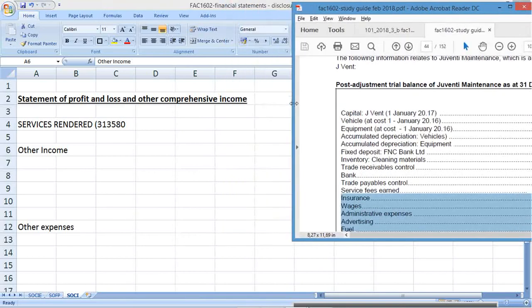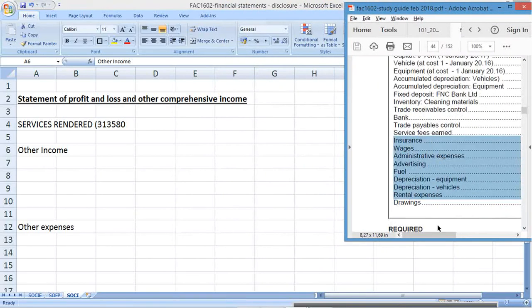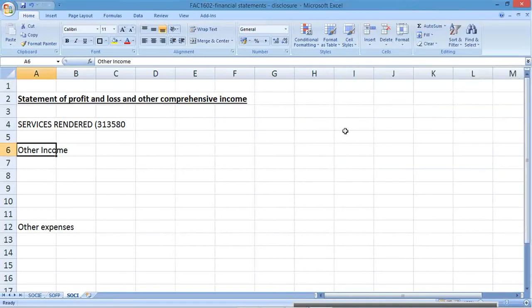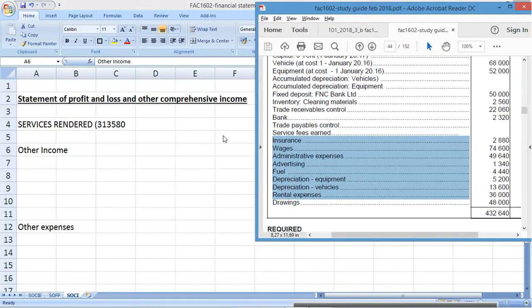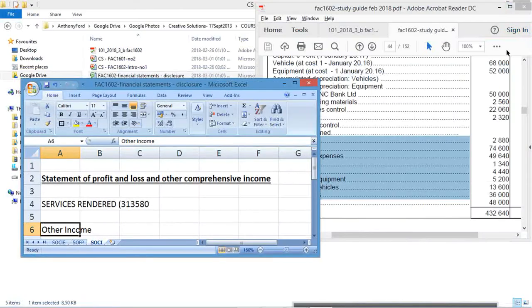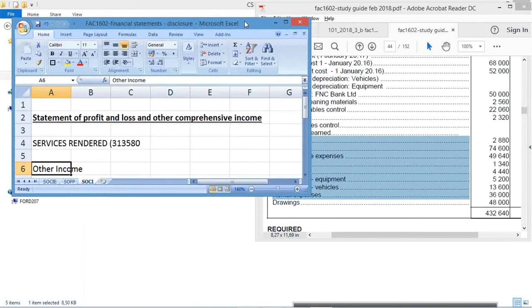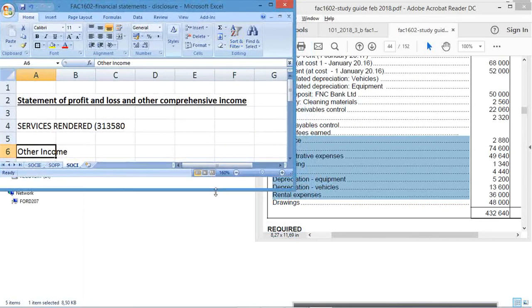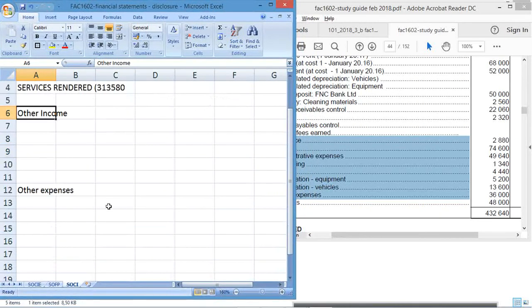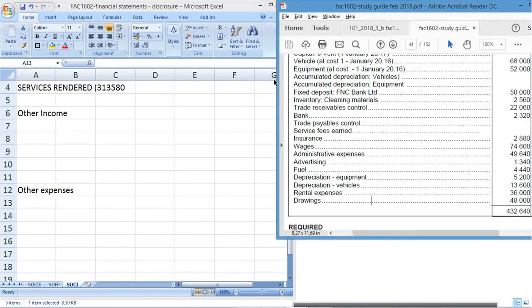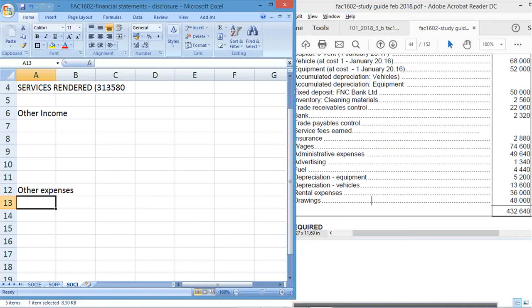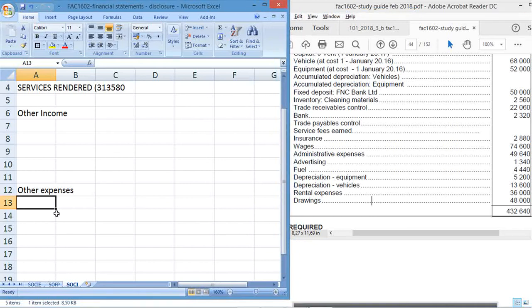So we've got those figures. Right, so the first one is service fees earned, which we looked at, so now insurance.